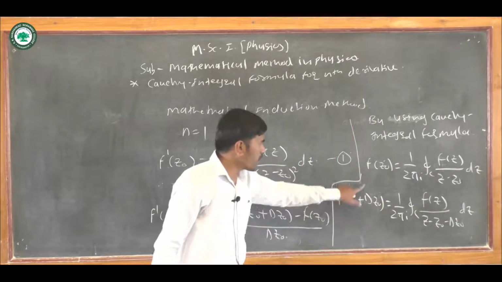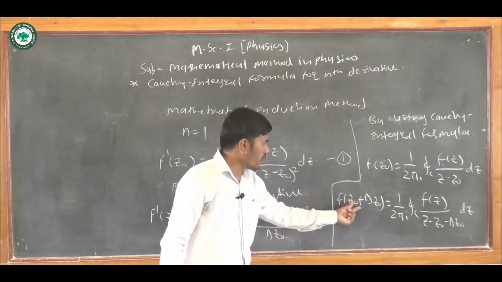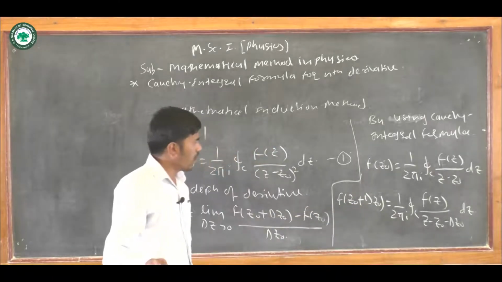This is the expression for f(z naught) and f(z naught plus del z naught).